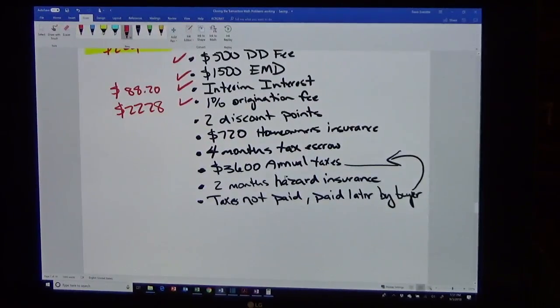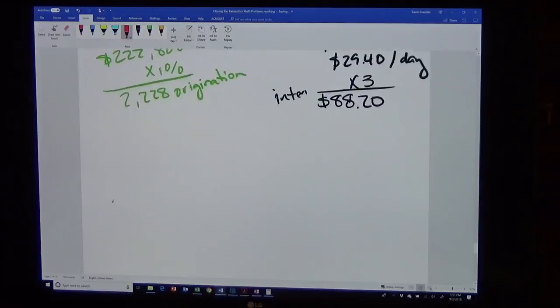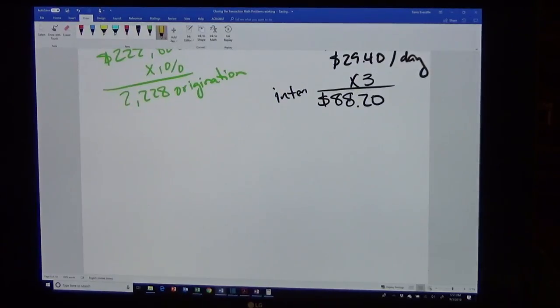We go back up to 2 discount points, okay? So 2 discount points is going to cost 2% of the loan amount. So we take the loan amount of $222,800 times 2%, because we have 2 discount points.